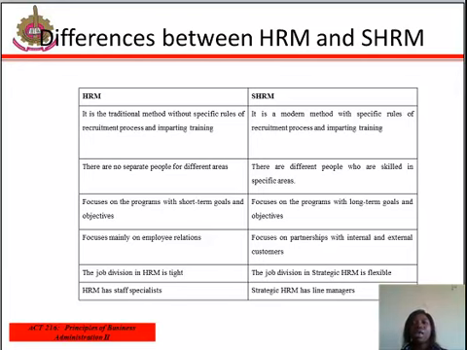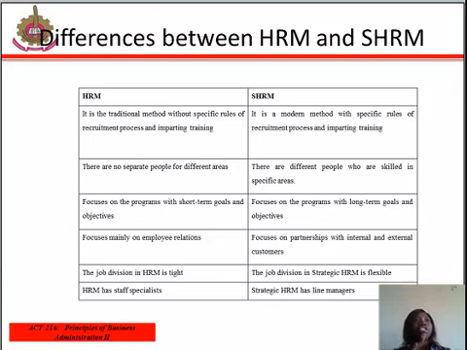And also, there are no separate people in different areas for HRM, but for SHRM there are different people who are skilled in specific areas. HRM focuses mainly on employee retention, but strategic human resource management focuses on partnership with internal and external customers.